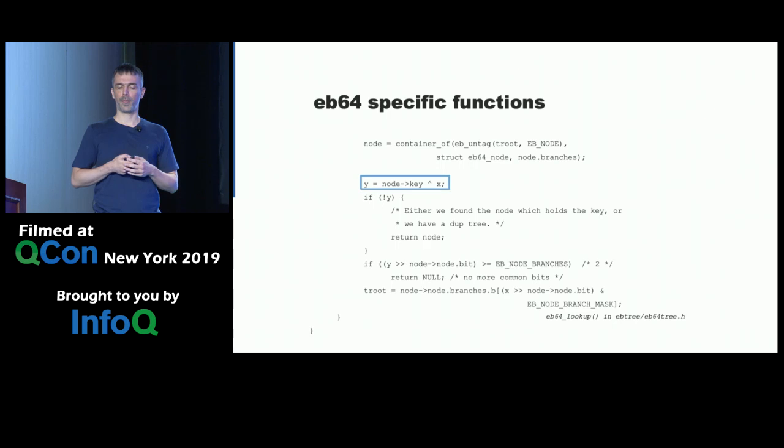If not, we find the difference in bits between the key that we're searching for and the one that we stumbled upon as we are traversing the tree. Here's where we use the bit value to mask out all the bits in the key being searched for that we're not interested in at this step of traversal through the tree.